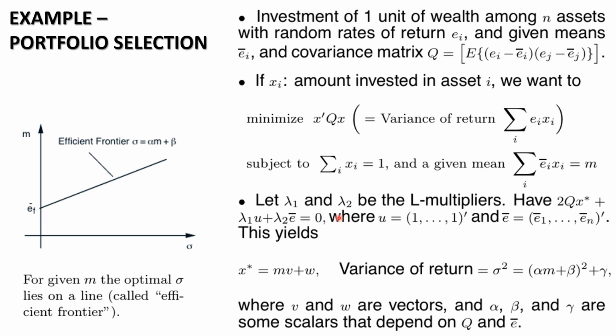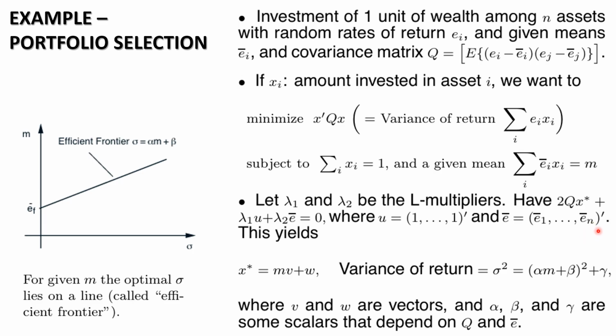Here u is equal to 1, 1, 1, and so on transpose, and e bar equals e1 bar, and so on, en bar transpose, the expected returns of the assets.